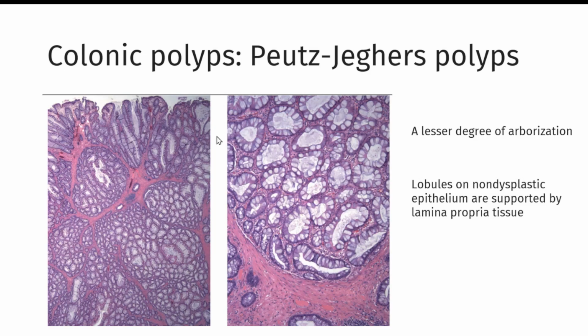They also fall into the hamartomatous polyps. They also have this smooth muscle arborization into the polyps, but they do not form this well-formed lobular structure. But sometimes they look quite similar. It's not easy to tell the difference under the microscope.